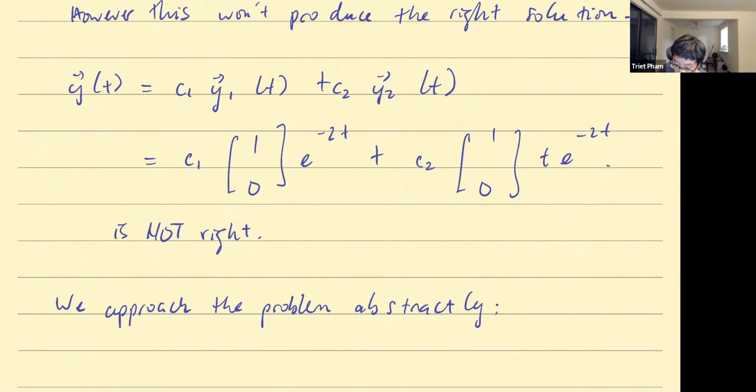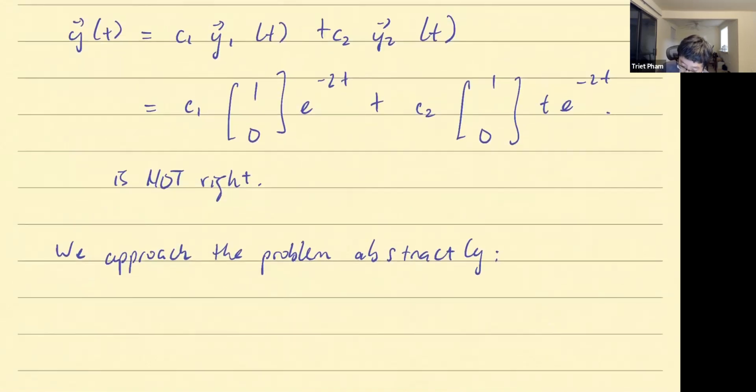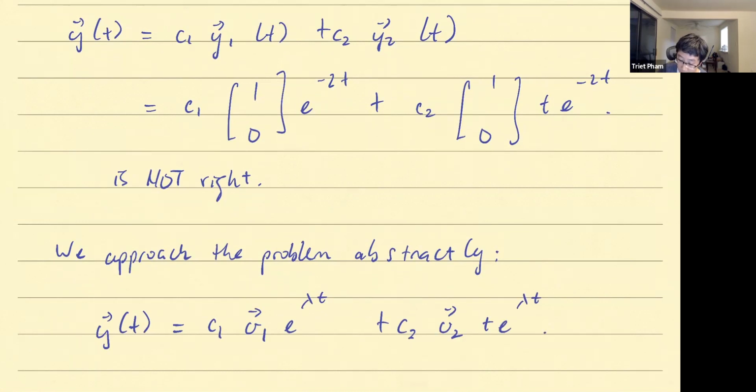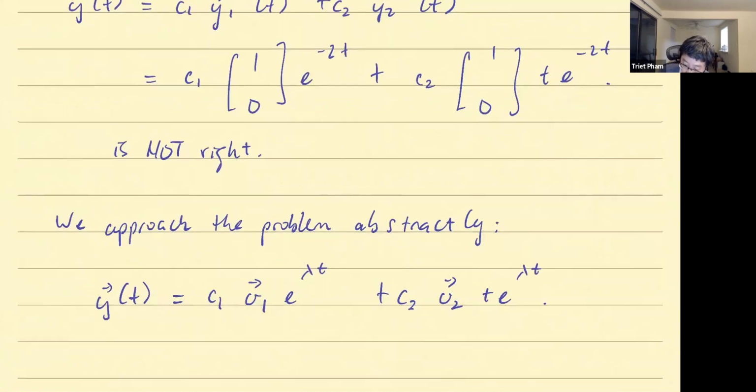Suppose that y of t is c1 v1 e to lambda t plus c2 v2 t e to lambda t. Suppose that we have a structure of the solution like this.